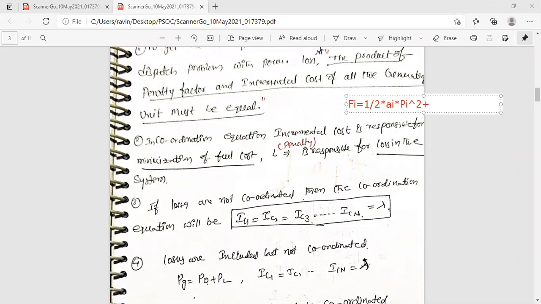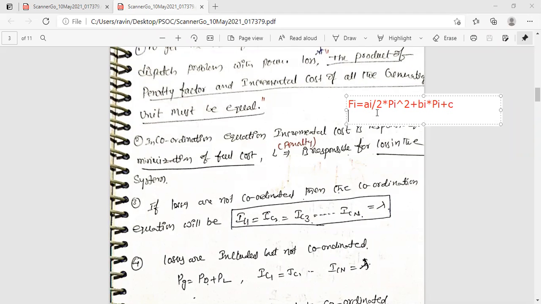Half into ai, or you can write ai by 2 directly. Yes, ai by 2 is quite simpler. Ai by 2 into Pi square plus bi into Pi plus C. This is the fuel cost equation.